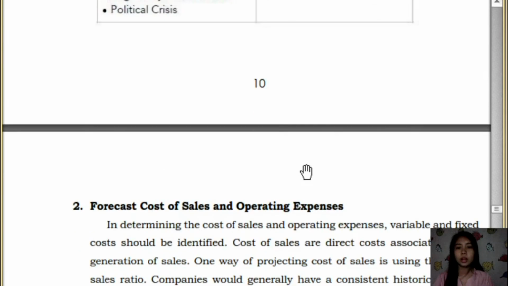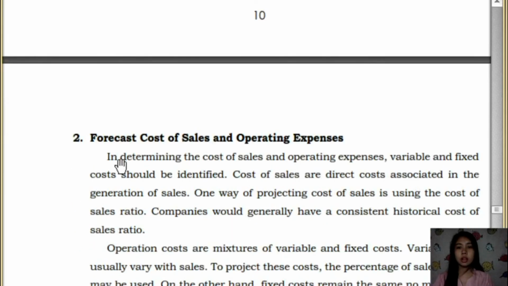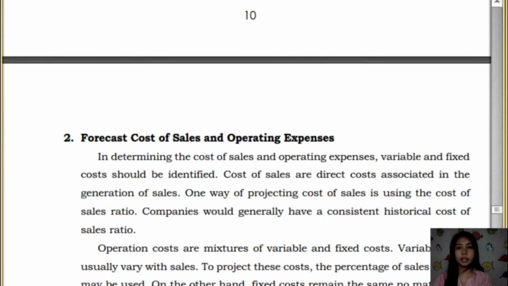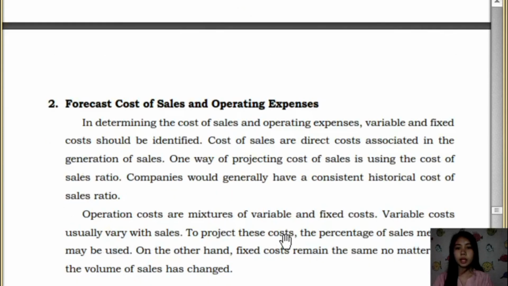Step 2, ayan, cost of sales and operating expenses. Operation costs are mixtures of variable and fixed costs.